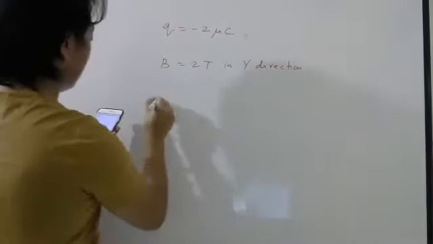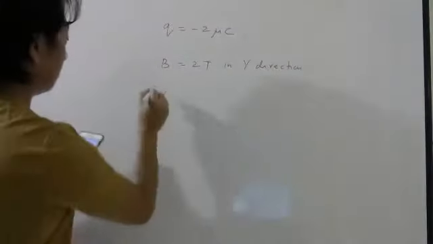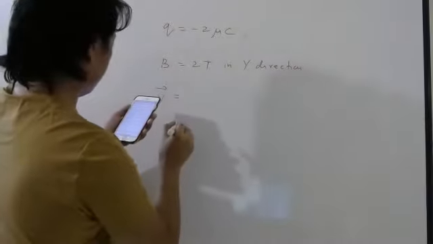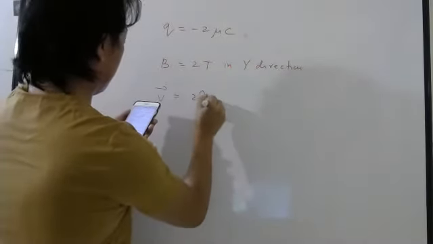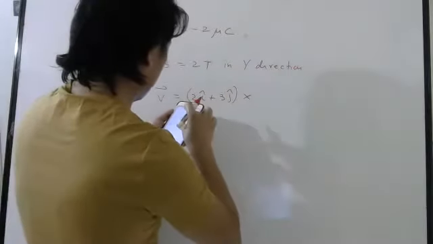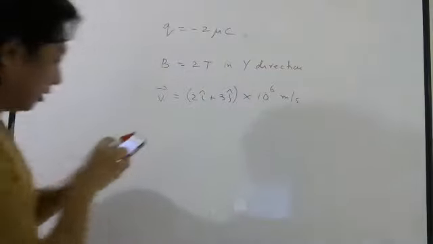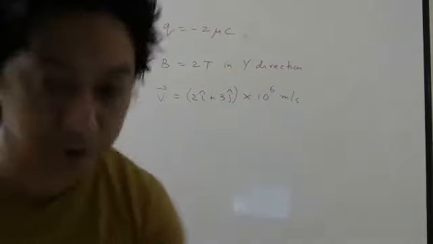When the particle velocity, now velocity they have given in vector form. So V bar is given 2i cap plus 3j cap into 10 to the power 6 meter per second. They want you to calculate the magnetic force.